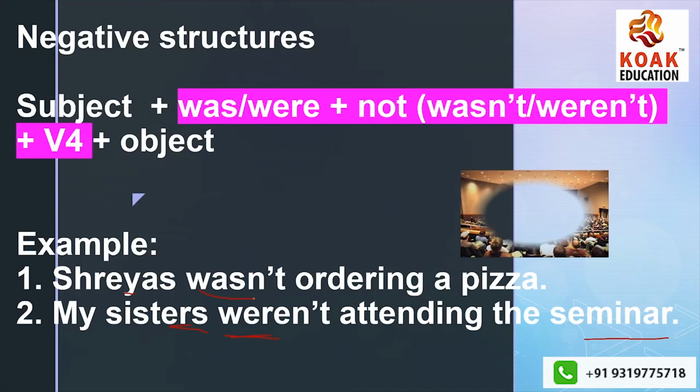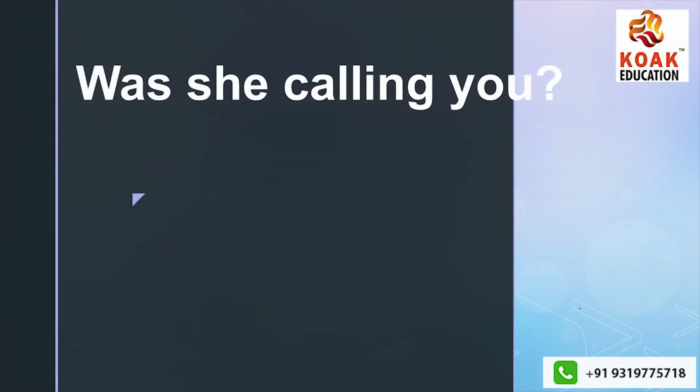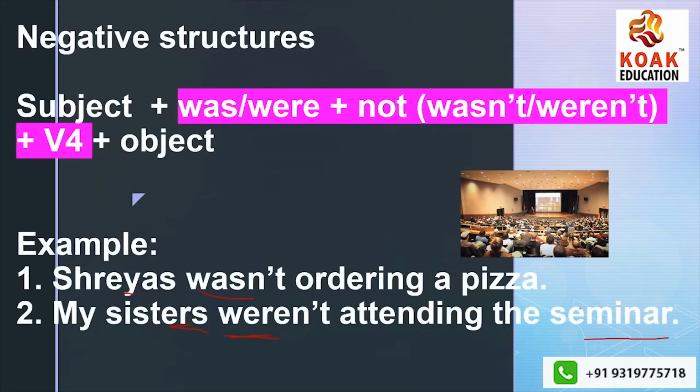So my sisters weren't attending the seminar, which means they did not come or they did not wish to come, so they were not coming. Alright, so this was for negative structures.